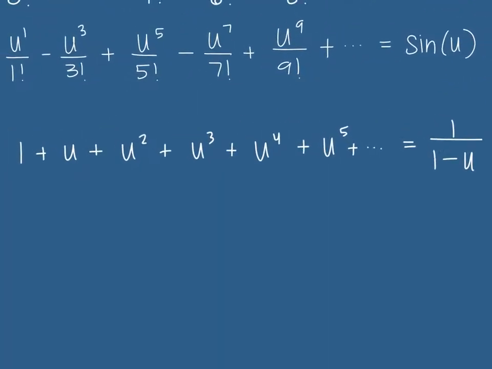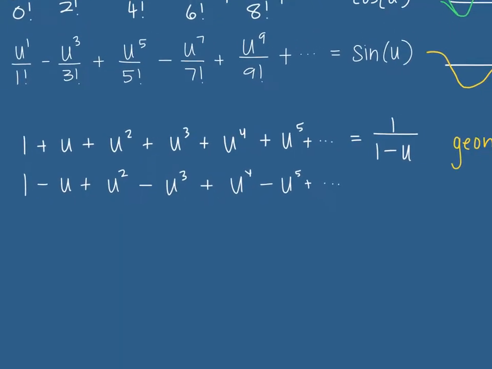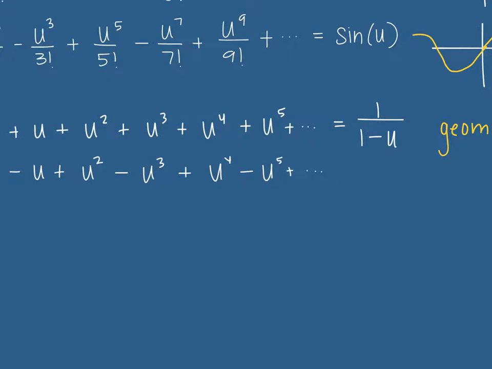So then, in a likewise manner, if you have 1 minus u plus u squared minus u cubed plus u to the fourth minus u to the fifth, etc., what's the multiplier? This is geometric also. Not u. Negative u is the multiplier, so this is 1 over 1 plus u.